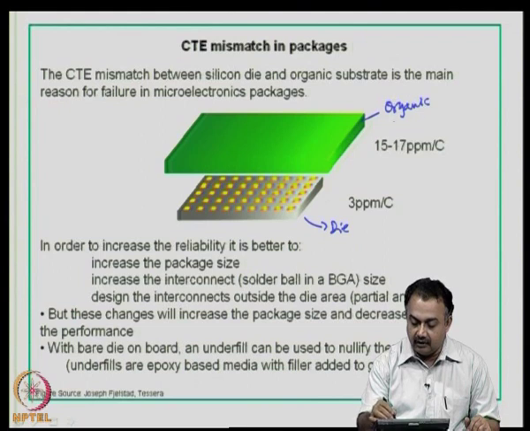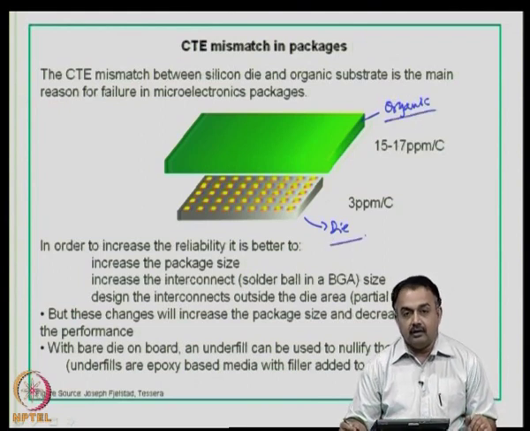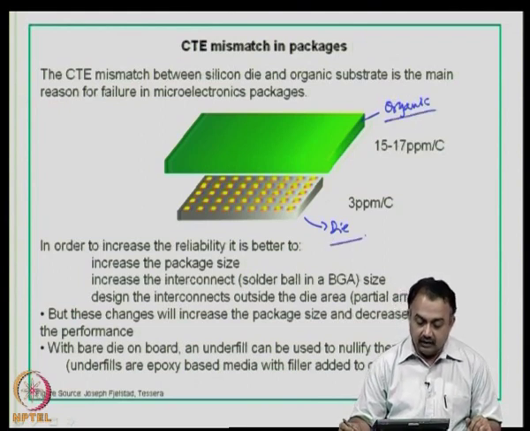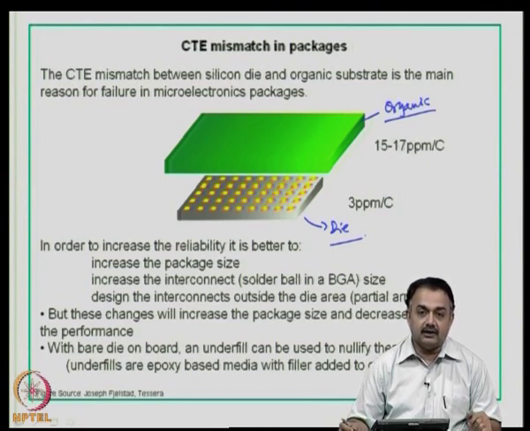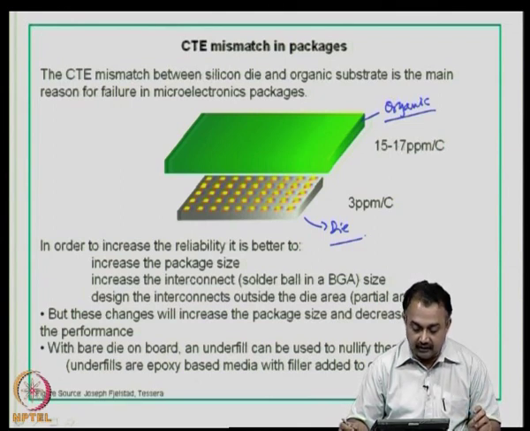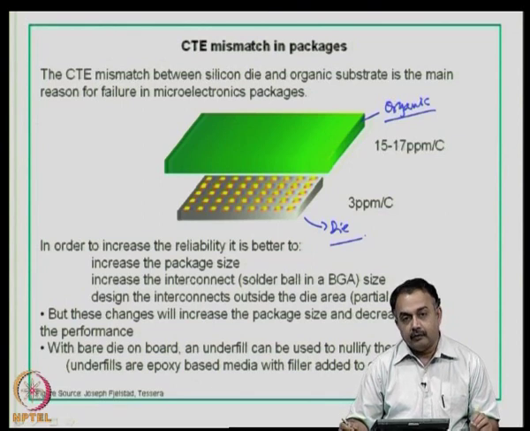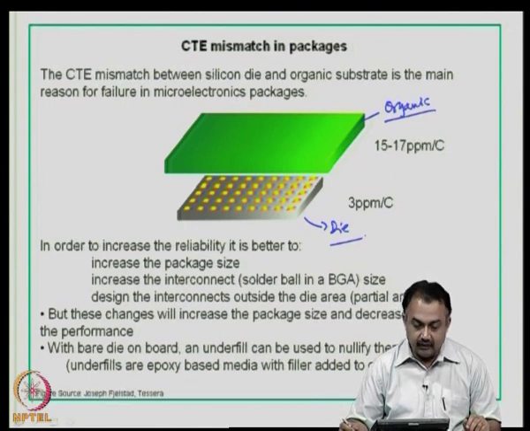This is a very common thing now that you will see in low cost packages, and you can see that the CTE values are 3 ppm per degree centigrade for a silicon die, and for the organic packages it varies between 13 to 17 ppm per degree centigrade. And when you power up, there is going to be mismatch. We have also seen that in such cases the reliability is going to shrink down.